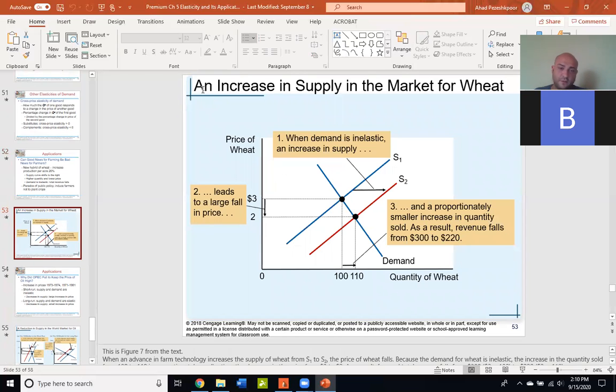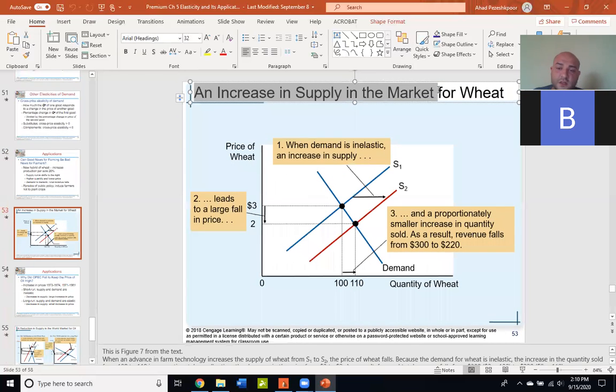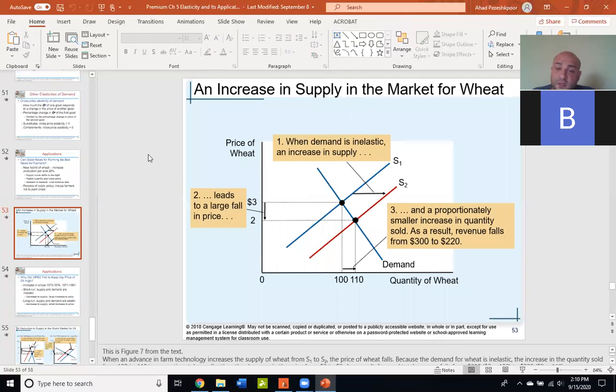Now, if you look at the curve here, an increase in supply in the market for wheat, your supply curve shifts to the right because thanks to a new technology you can now produce more.